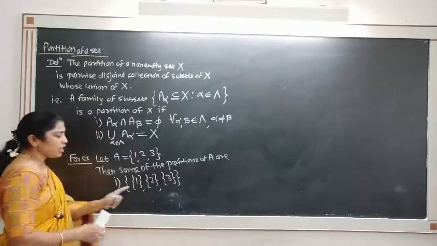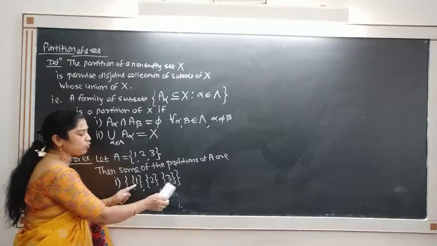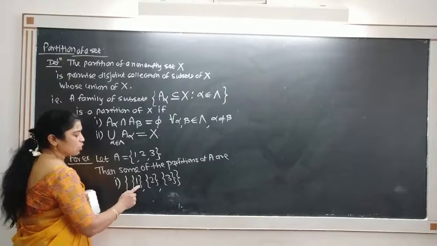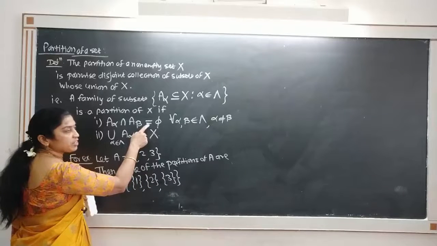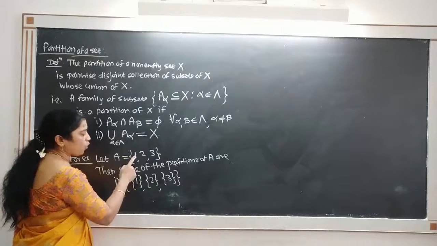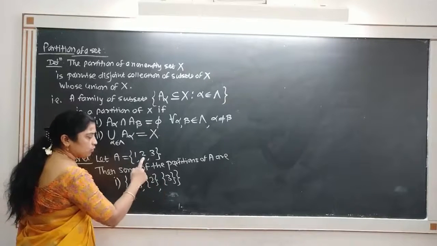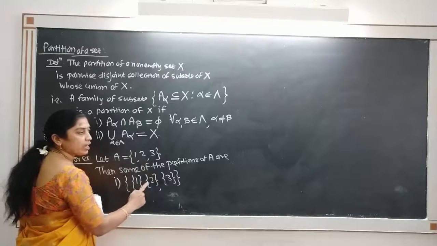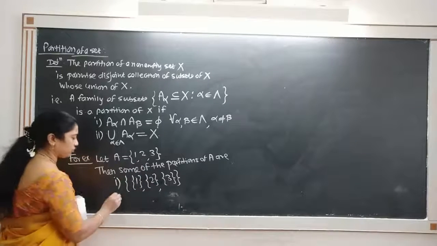Observe that if you take the intersection, so this is P1, P2, P3, suppose 3 parts, nothing is common. So the intersection is empty. And if you take their union, we get the whole set {1, 2, 3}. If you take the union, you should get the whole set, and if you take the intersection, it should be empty.